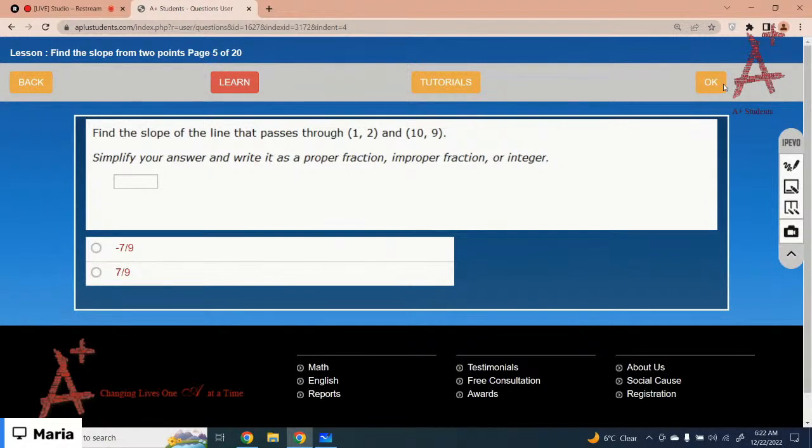Find the slope of the line that passes through the points (1, 2) and (10, 9). You have to find the slope of the line that passes through the points 1, 2, and 10, 9.